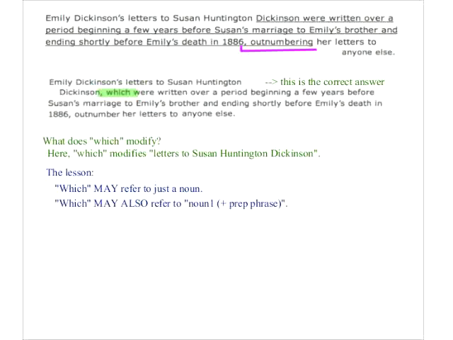So it's still referring to this noun, but the point is that it's allowed to jump prepositional phrases. So that's probably the best way to state this case: which is allowed to jump over prepositional phrases if the context or grammar demands that it do so. To Susan Huntington Dickinson is a prepositional phrase, because to is a preposition.